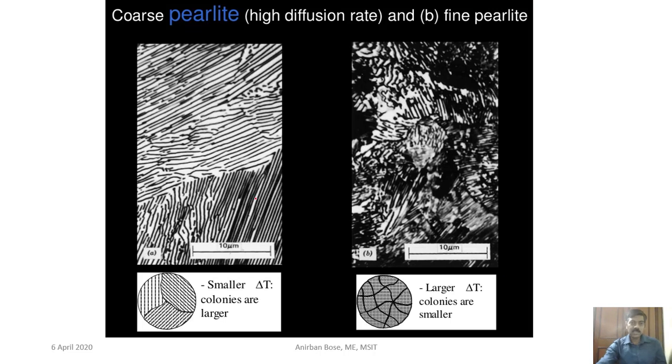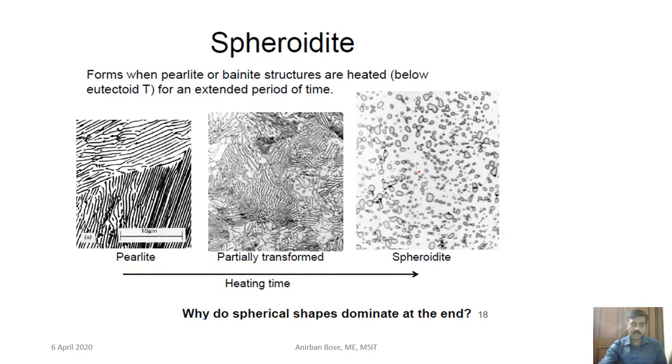Here you can see the coarse pearlite structure, and here you can see the fine pearlite structure. Spheroidite is another kind of phase that you will observe if you heat the pearlite for a prolonged period at around 600-700 degrees centigrade.